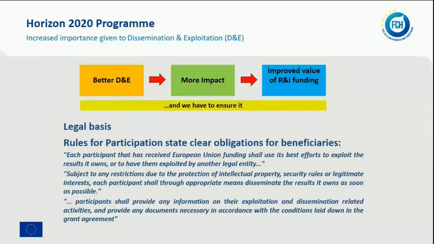And already in the rules for participation, like Juliana, the legal officer, mentioned to you, this is the legal basis for participation in getting funding from Horizon 2020, and it says very clearly, I'm reading: each participant that has received EU funding shall use its best efforts to exploit the results or to have them exploited by another legal entity. It might be a research organization, a university that produces results, in a consortium with an industrial partner that might exploit those results in products or bringing them to the market.